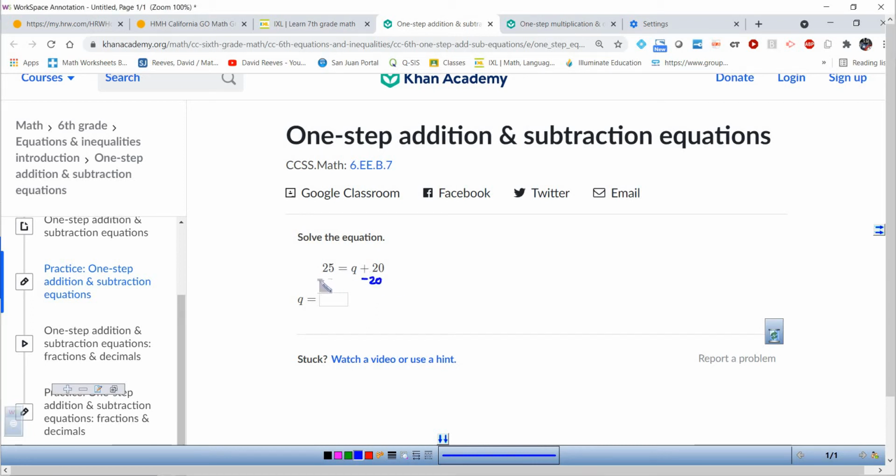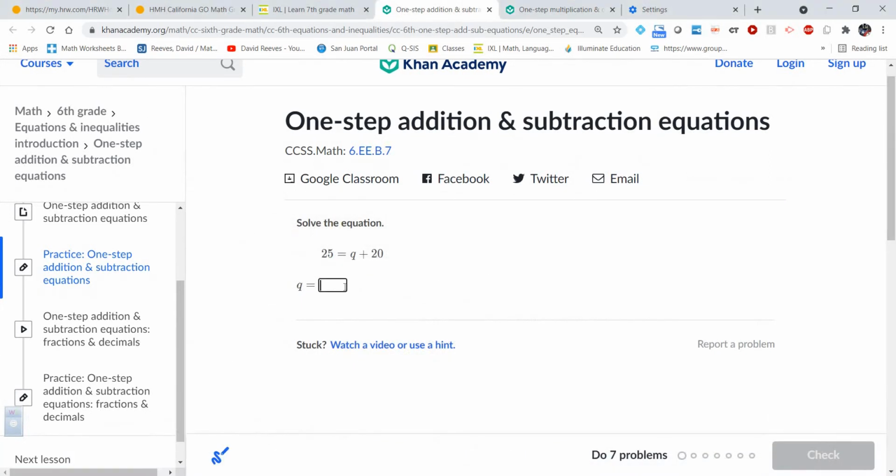So to solve this problem, I would subtract 20 from both sides. Those would cancel, and 25 minus 20 is 5. I would get q is equal to 5. And we could see that's true because 25 is equal to 5 plus 20. So 5 is the correct answer there. I can put that in and check my answer.